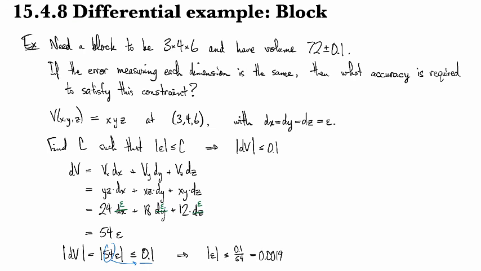I mean, this is small. So in order to get an accuracy of volume within 0.1 cubic units at the end, we have to have the linear measurements accurate to within 0.0019. So you gotta be pretty careful with your cuts in order to get the volume that accurate.